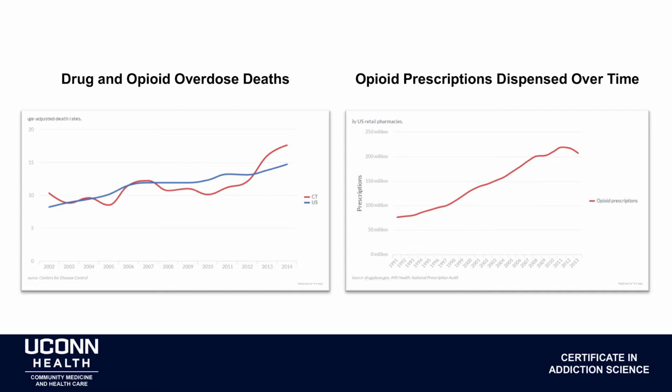And here's a chart that shows the number of prescriptions that have been prescribed during this period. There has been a recent reversal, and we can expect that with greater limits on availability there will be a reversal of the drug epidemic.